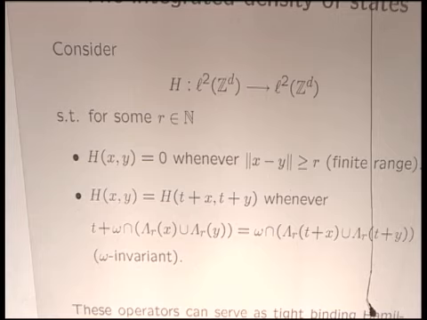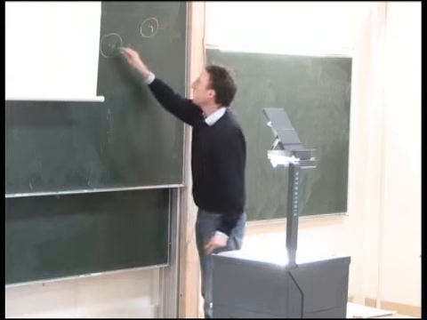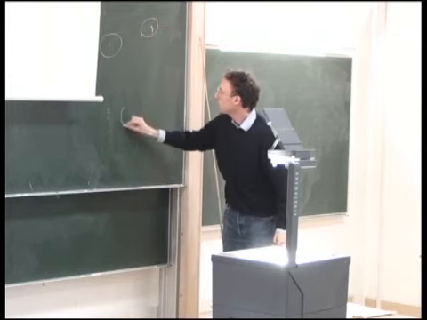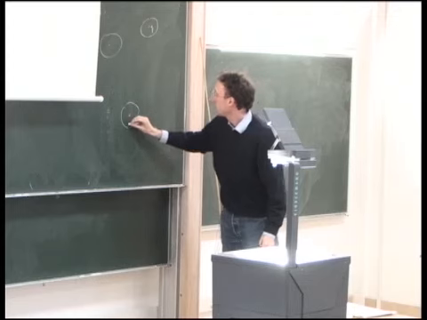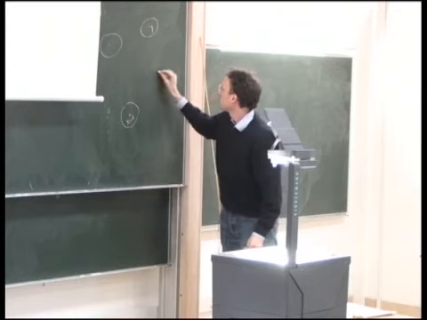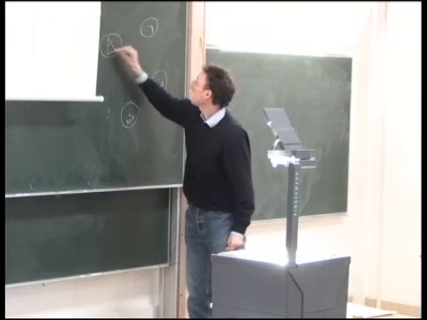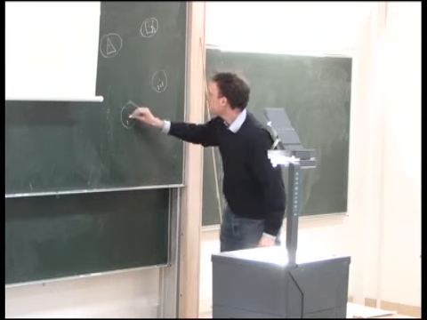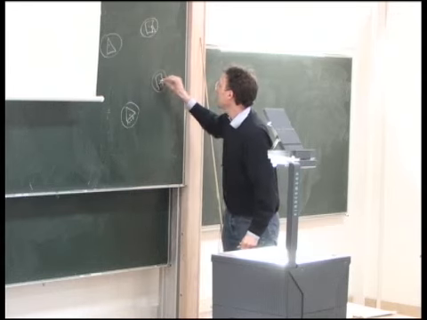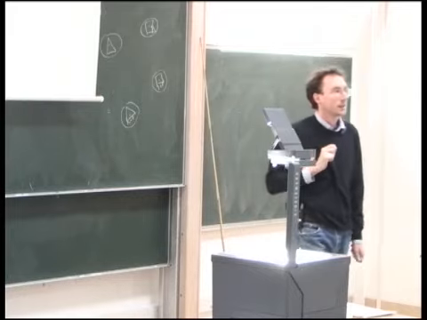And the other thing is the following. If you now look at two places, x and y, if you have an x here and a y here, and you see some pattern here, and now you go to another place, x plus t, and here you have y plus t, and here you see a certain pattern, and now here you see the same pattern, then you want that the matrix element is the same.